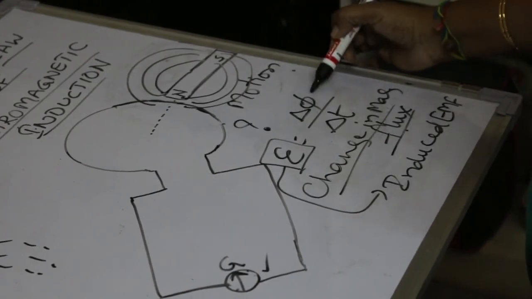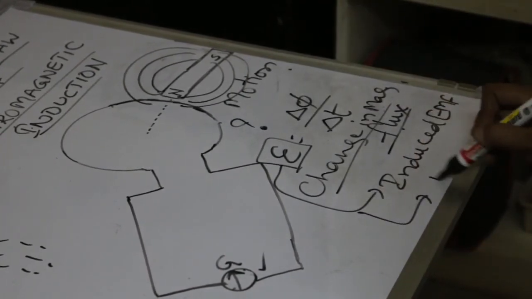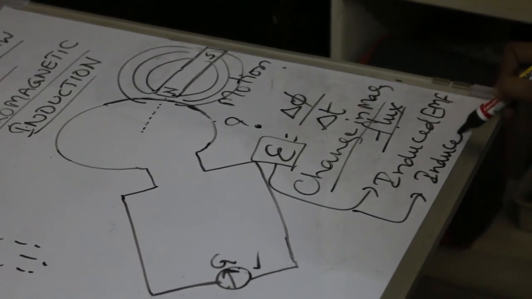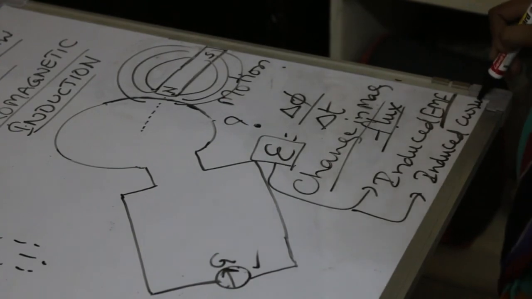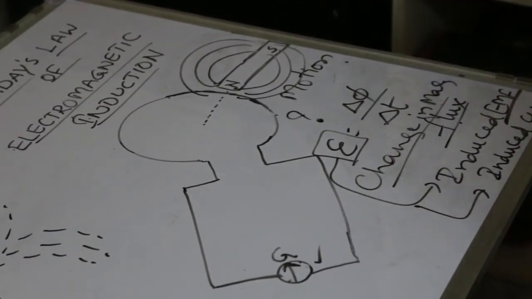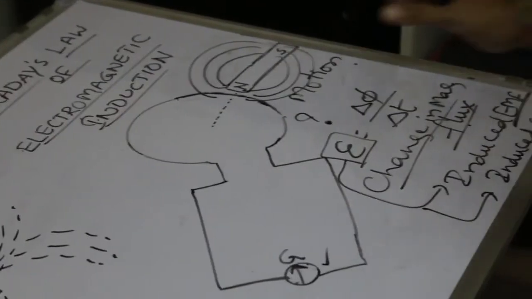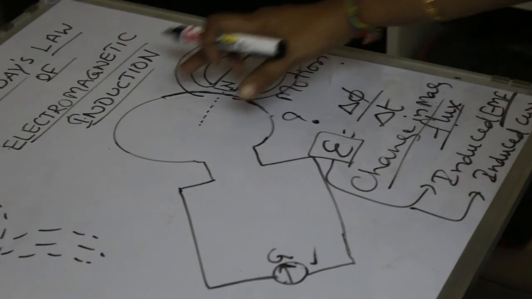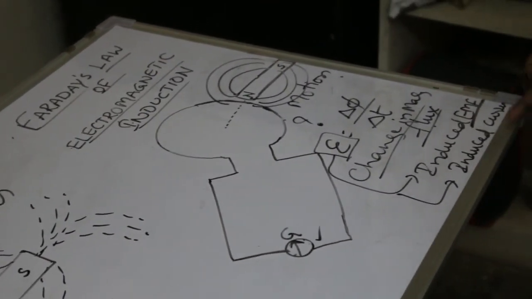Change in magnetic flux over time will give some induced EMF, and because of this induced EMF, we will have induced current. So epsilon is equal to delta phi by delta t is Faraday's law of electromagnetic induction. By the relative motion of either coil or magnet, there will be a change in magnetic flux which results in induced EMF, thereby induced current.